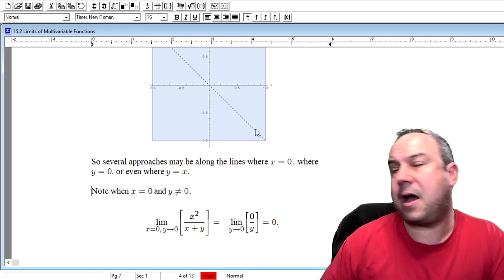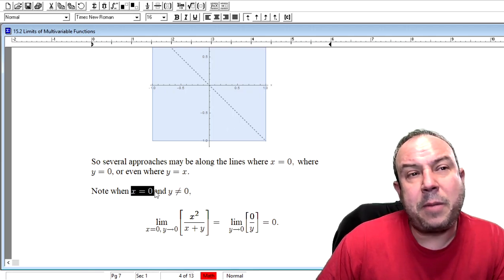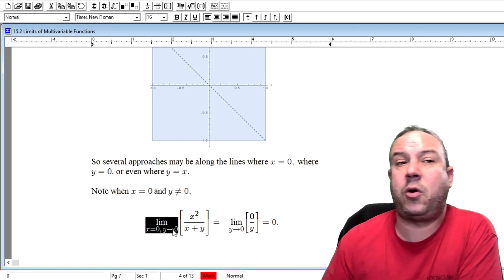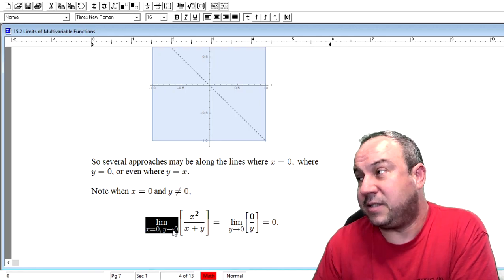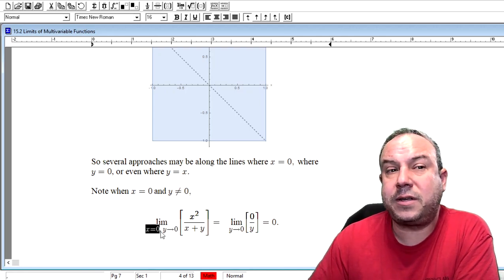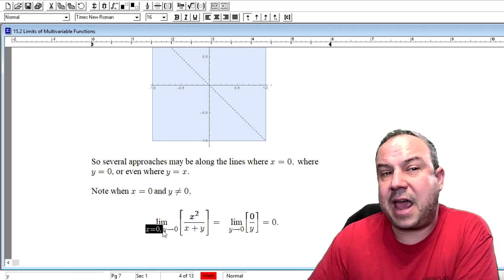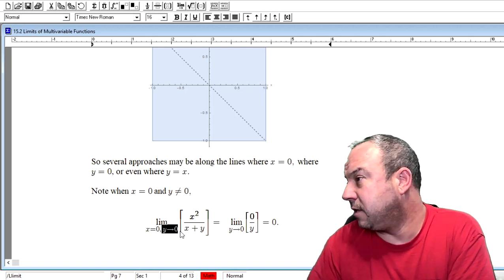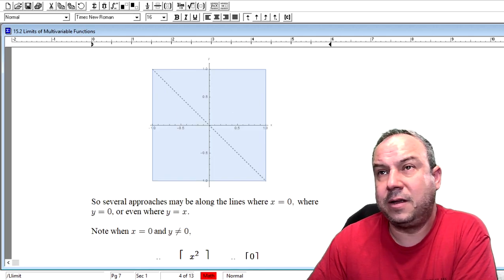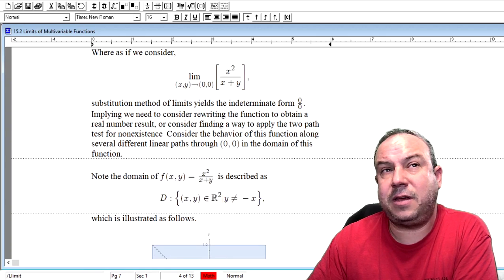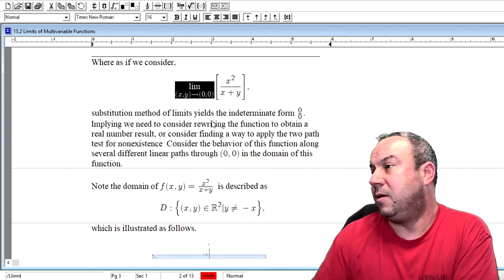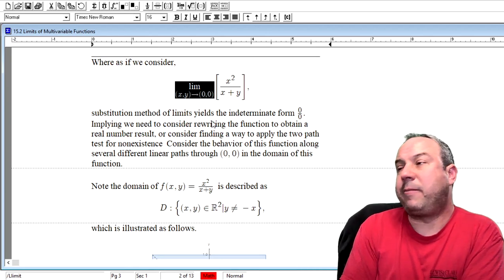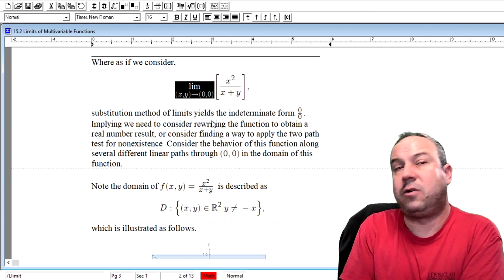If you take note of how I express this limit, I took that coordinate x comma y heading to 0 comma 0 that we saw above, and I broke it down into these two statements. We're going to set x equal to 0 in that statement, and we're only going to consider y approaching 0. To consider the approach given in this limit, where x comma y approaches 0 comma 0, I'm going to consider the approach along the vertical y-axis.